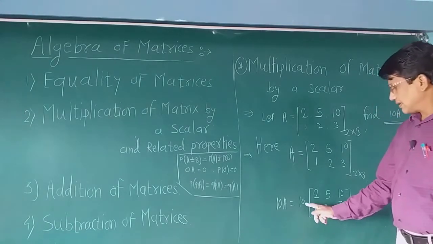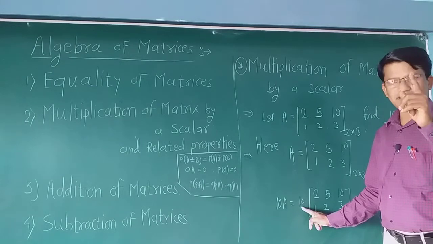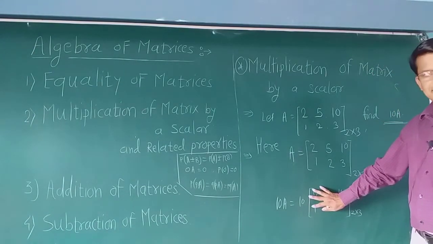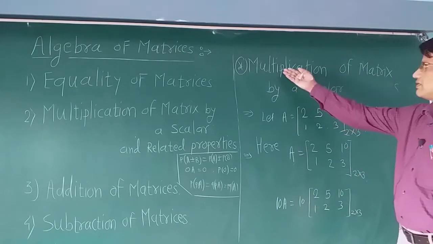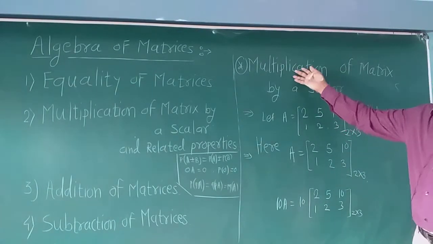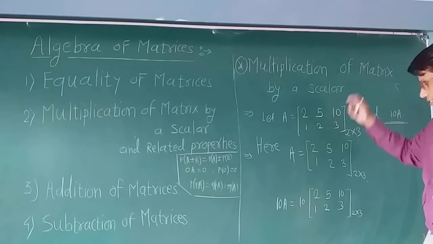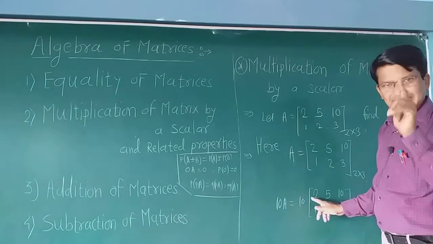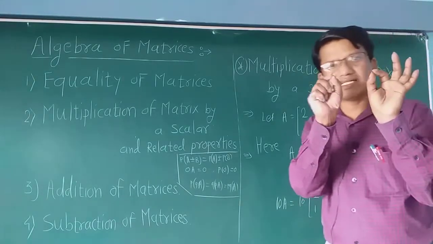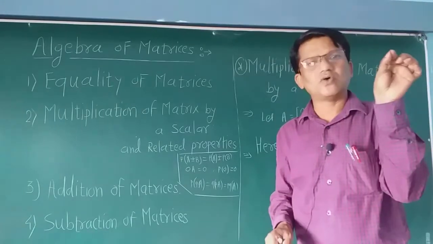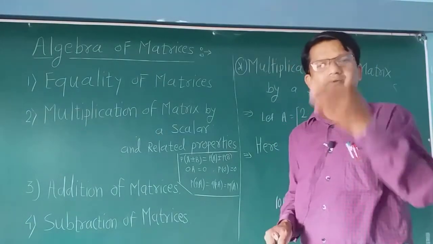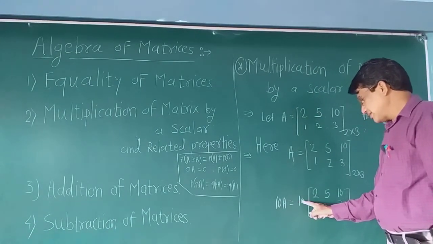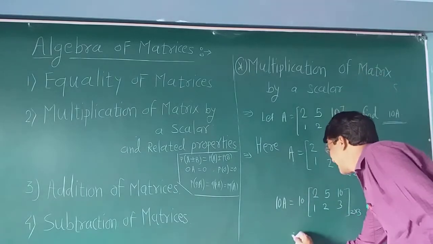Look here, the number 10, a scalar, is outside this matrix. According to the rule for multiplication of a matrix by a scalar, multiply this 10 with each element. I am saying each element, not only one row, not only one column. So multiply this 10 with all elements.